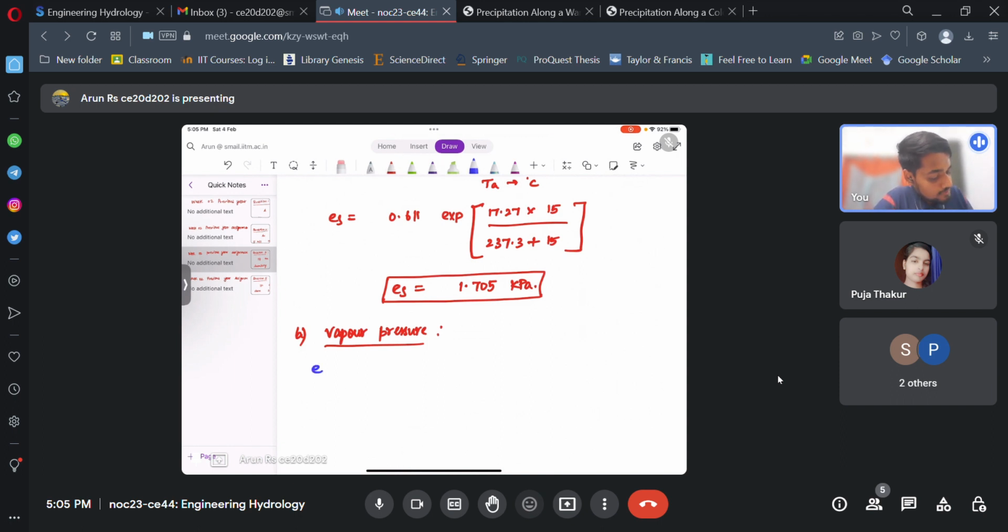It is represented by the letter E, and it represents the vapor pressure which corresponds to the existing or present level of moisture in the atmosphere.